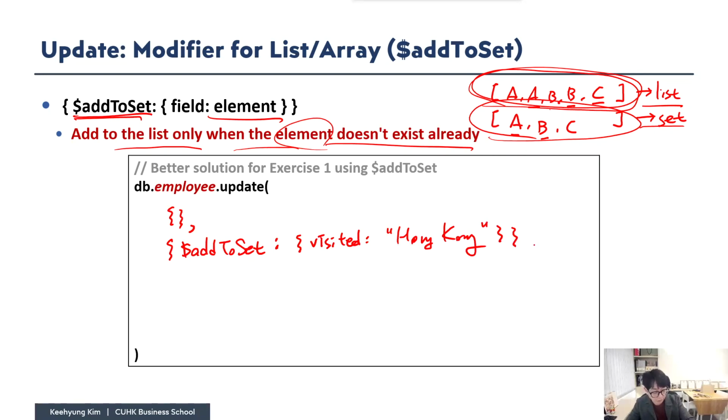Like this. And the multi option is true. And then this $addToSet operator will add this Hong Kong into the visited field only when Hong Kong is not there already. Okay, so that's the $addToSet operator.